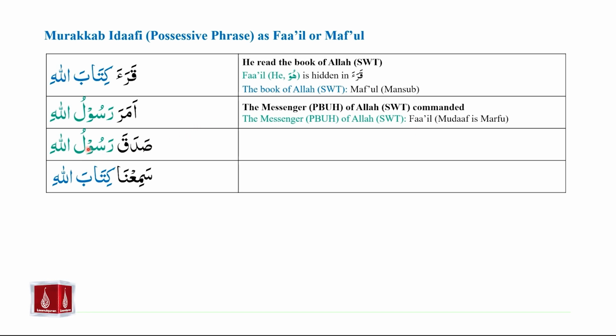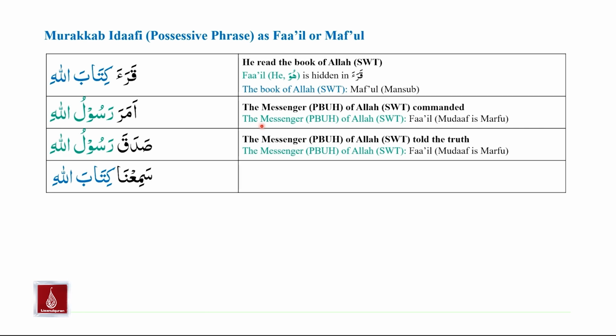Sadaqa Rasulullahi. The messenger, peace be upon him, of Allah subhanahu wa ta'ala told the truth. Similar to Amara Rasulullahi, Sadaqa Rasulullahi also has the murakkab izafi Rasulullahi, which is marfu, and therefore it is fa'il.